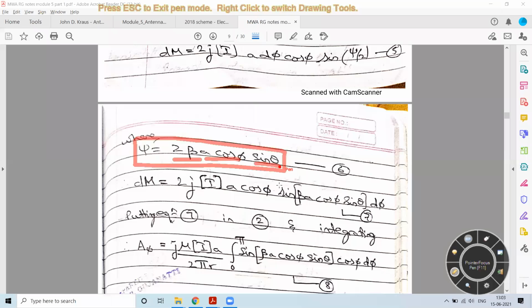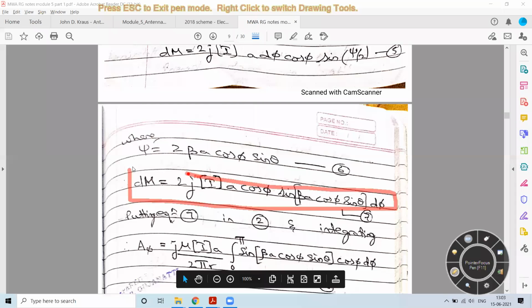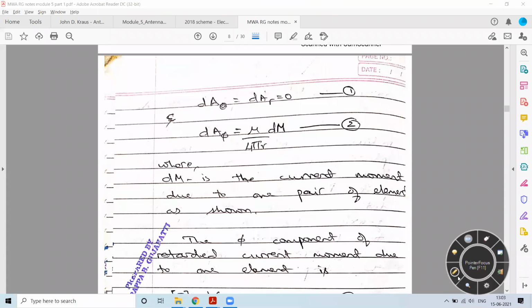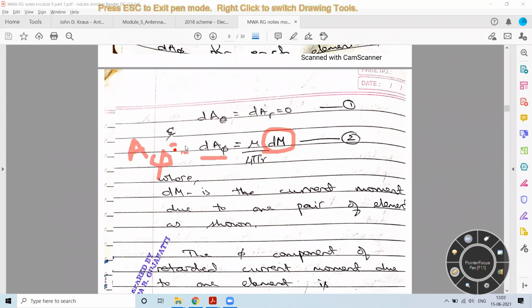Now when we substitute these parameters in dm, we obtain equation 7. Here we can see that for d A phi, we obtained the value of dm. Now in order to obtain the phi component of A phi, we need to integrate this entire equation.